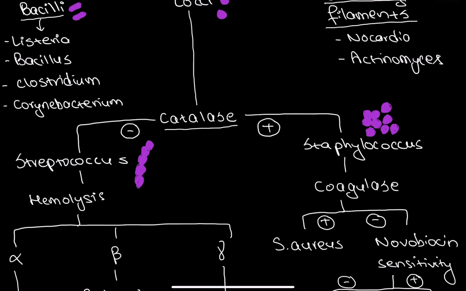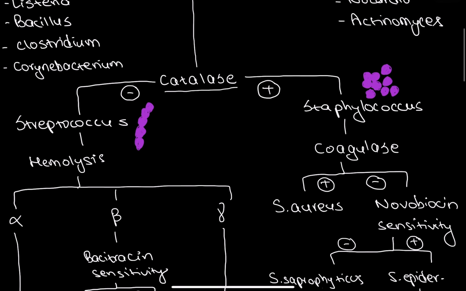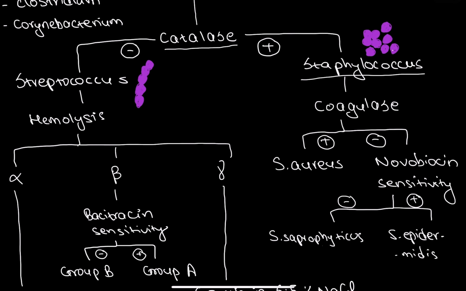If there is presence of bubbles, then those organisms are Staphylococci. Staphylococci are present in cluster form, and further we will do a test known as the coagulase test. Here we will look for clumping, whether there is formation of a fibrin clot or not, and if there is a fibrin clot, then that organism is coagulase positive.